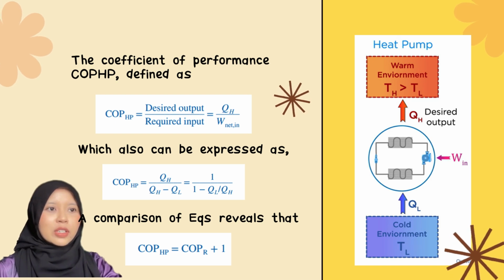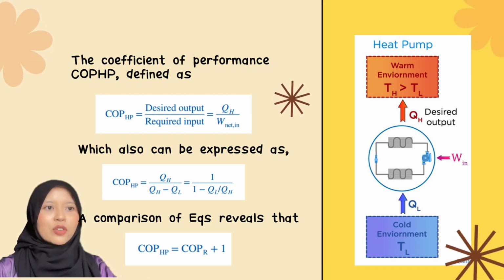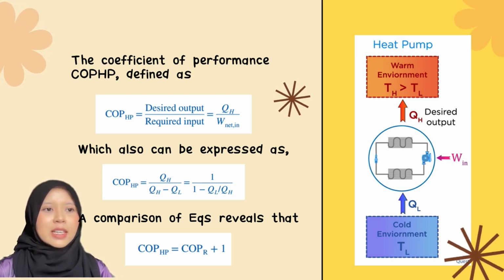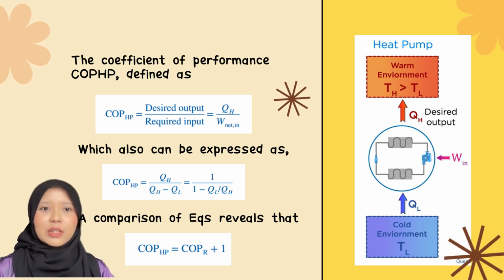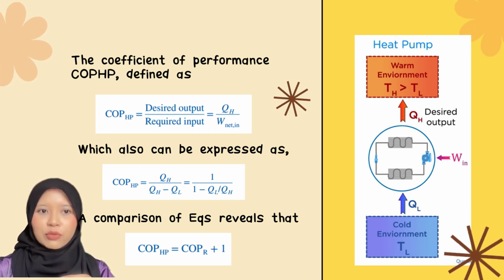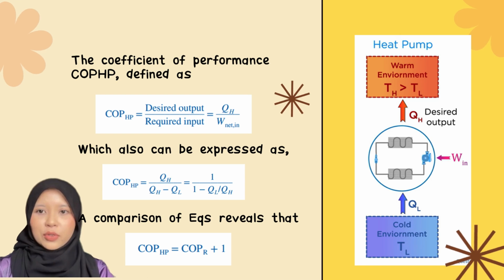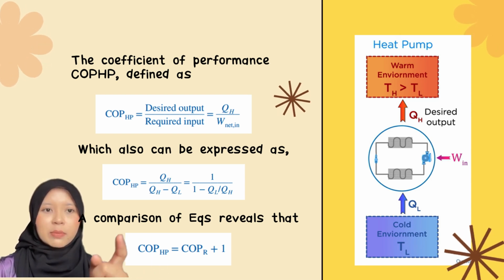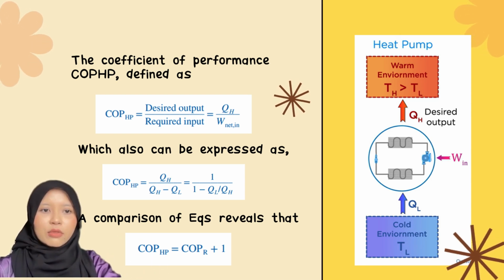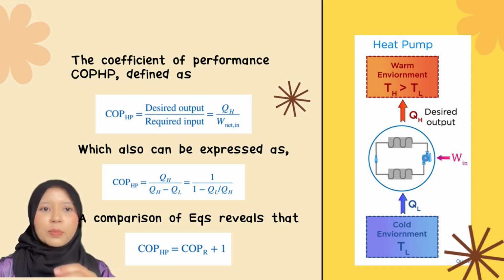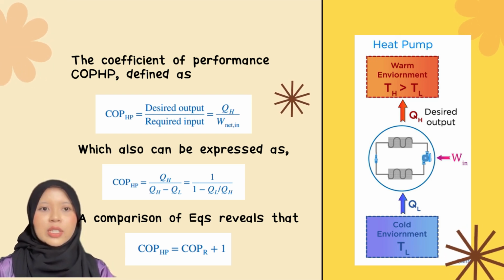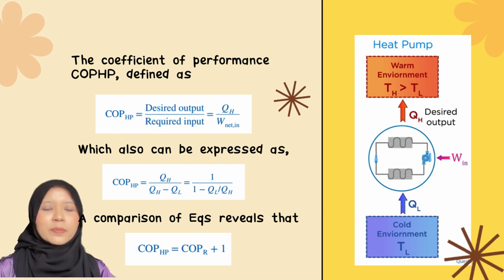So the coefficient of performance, COPHP, is defined as COPHP equals desired output, which is QH, over required input, which is W in, and then we simplify the equation to COPHP equals COPR plus 1.